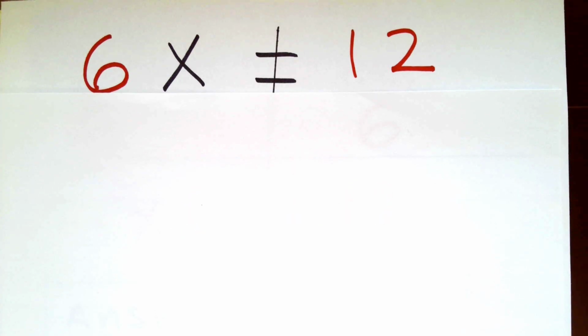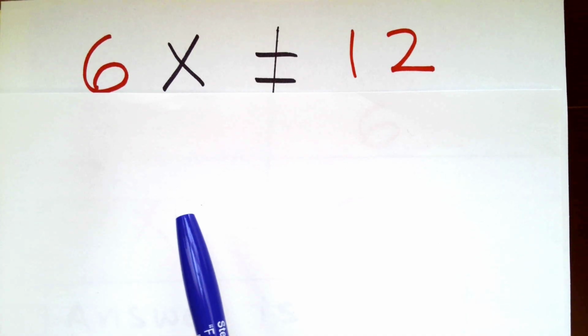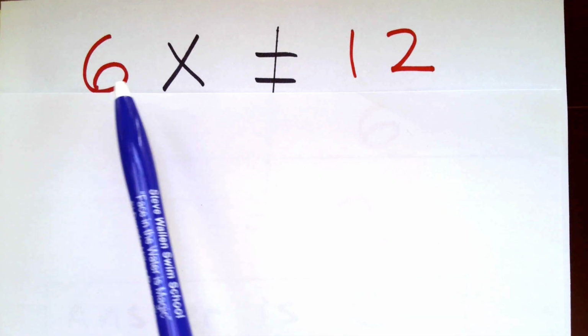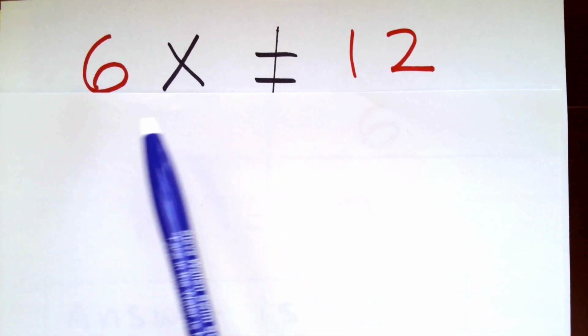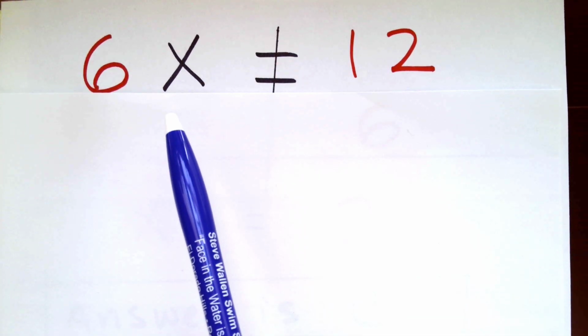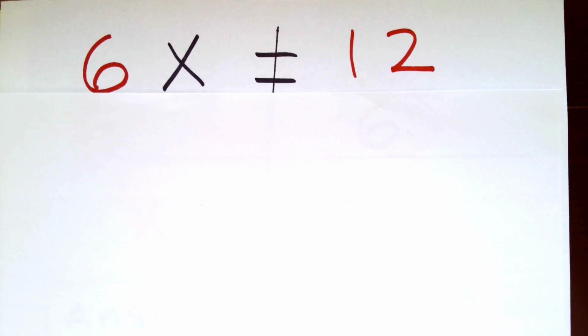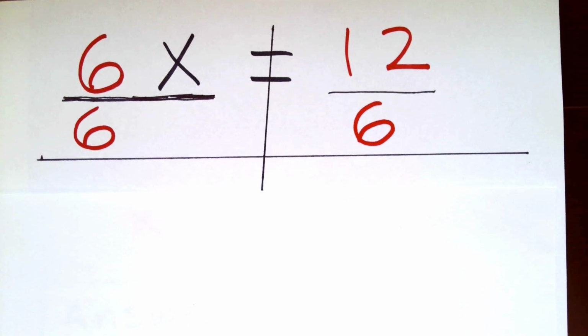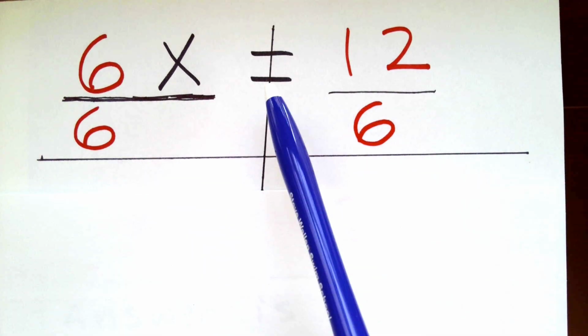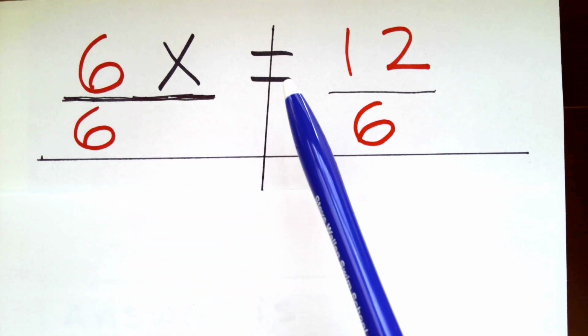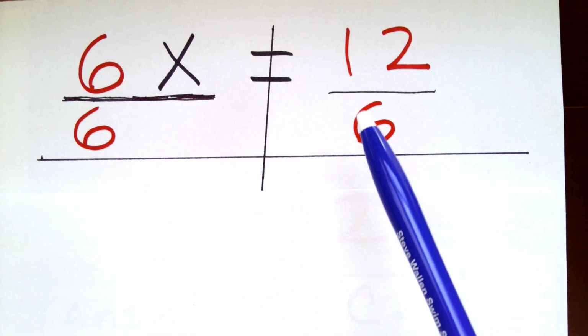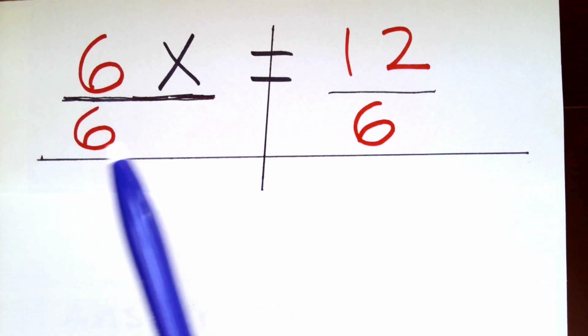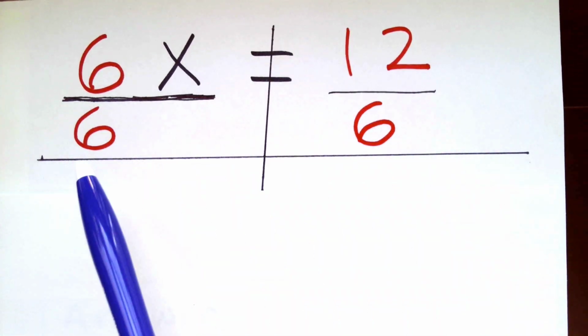We want to get that x all by itself, so we're going to perform the opposite of multiplication, right? 6 times x. What's the opposite or the inverse of multiplying? That's division. So we'll divide by 6, not just to one side of the equal sign, but to both sides of the equal sign. And you would divide every term by 6.